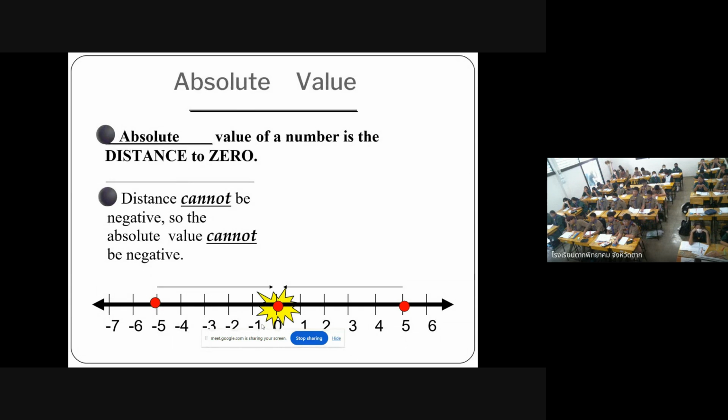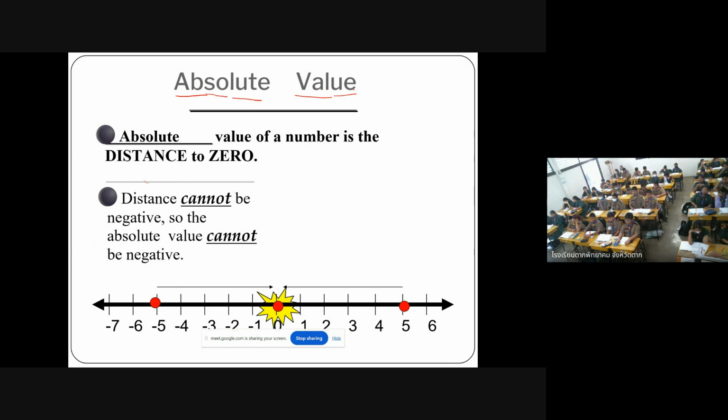Now, when we talk about the absolute value of a number, can you please read it? Absolute value.